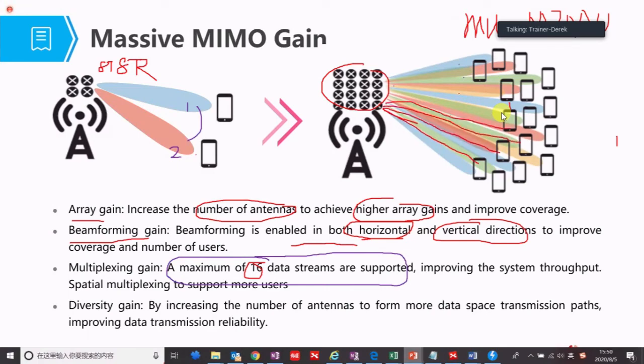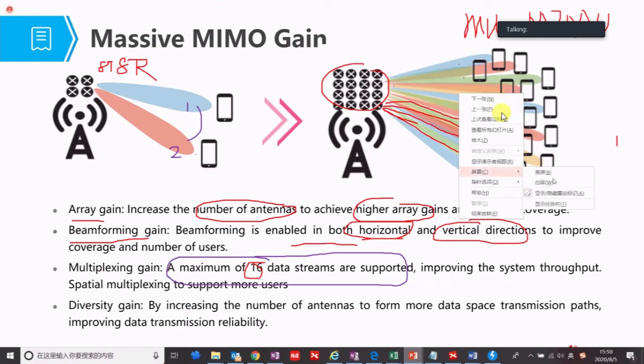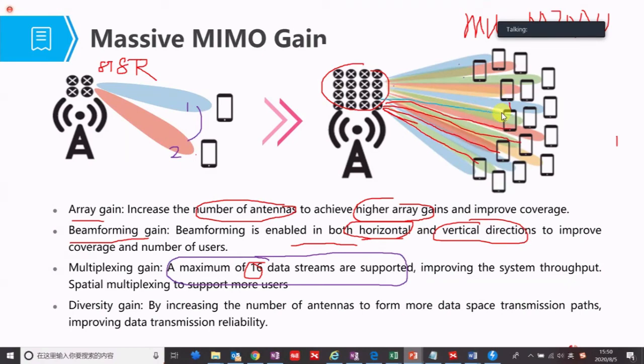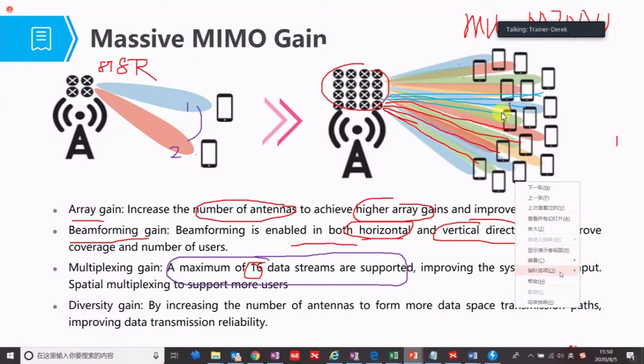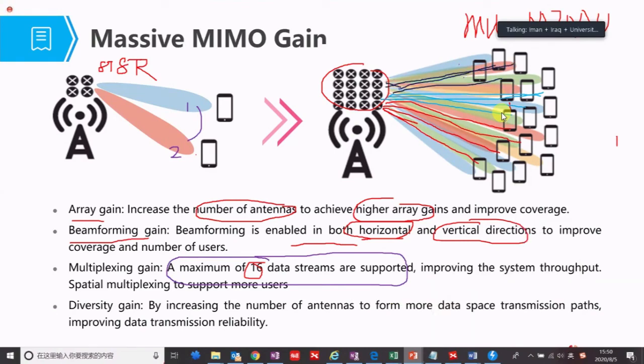This is one beam. Another. This is another. And each antenna has a fixed number of beams it can provide.